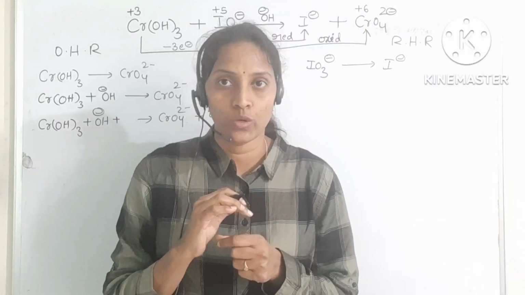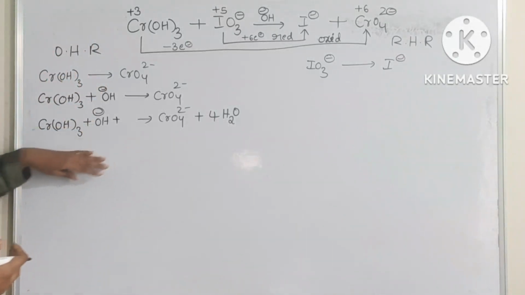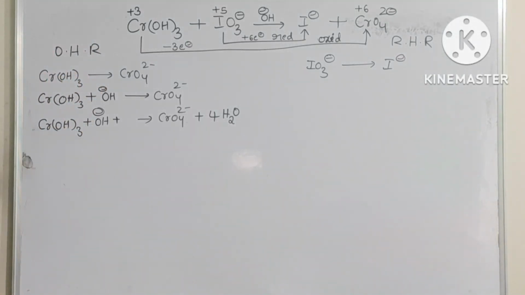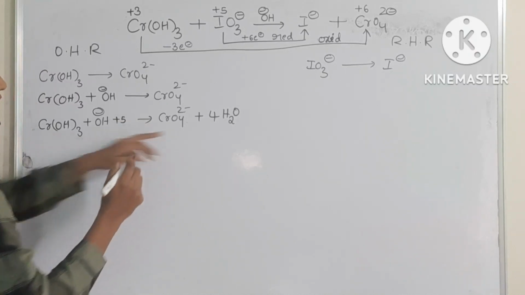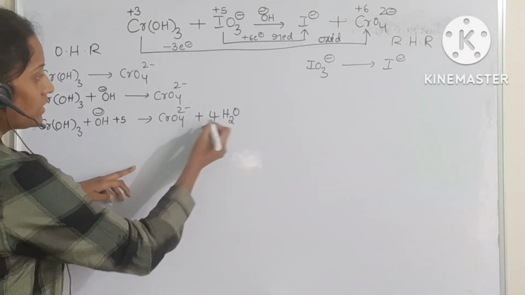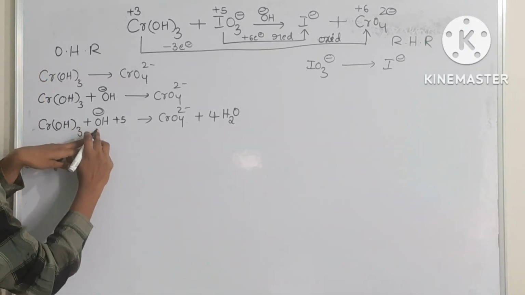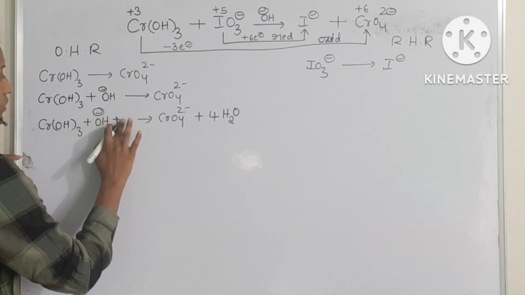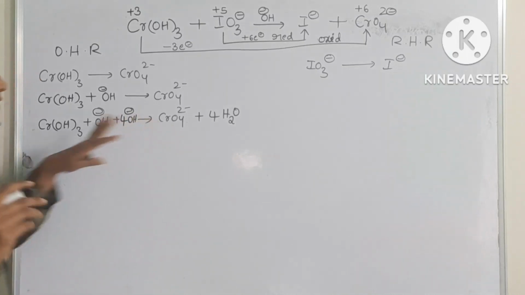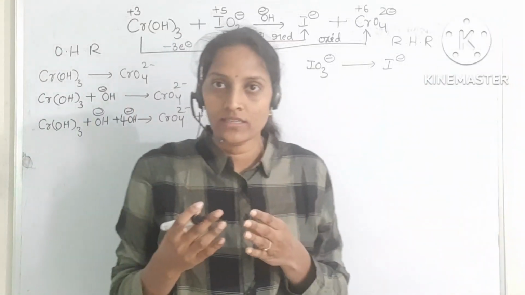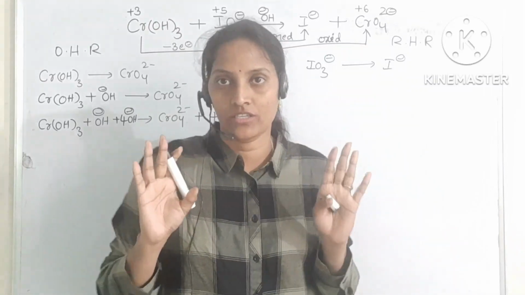Then the left side has 8 hydrogens and 8 oxygens, and the right side has 4 oxygens and 4 hydrogens, so if you add 4 OH minus ions, you will get equal numbers of oxygens and hydrogens on both sides of the oxidation half reaction. Okay.